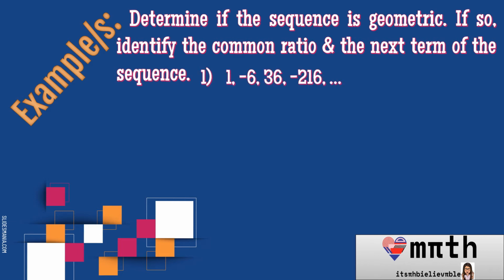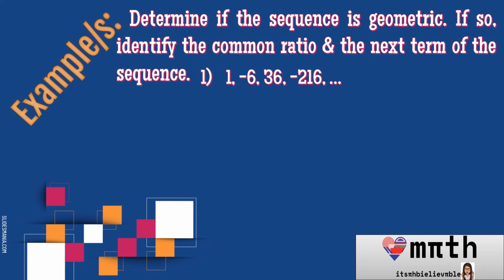For example number 1, we have the sequence 1, negative 6, 36, and negative 216. In order for us to identify whether it is geometric or not, let us find first if there is a common ratio. Again, how do we get the common ratio? We just simply divide two consecutive terms.